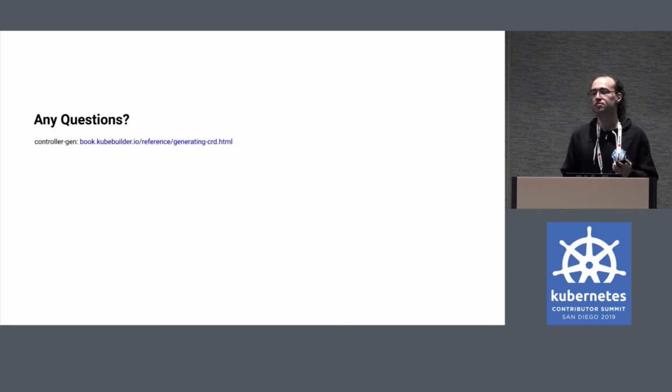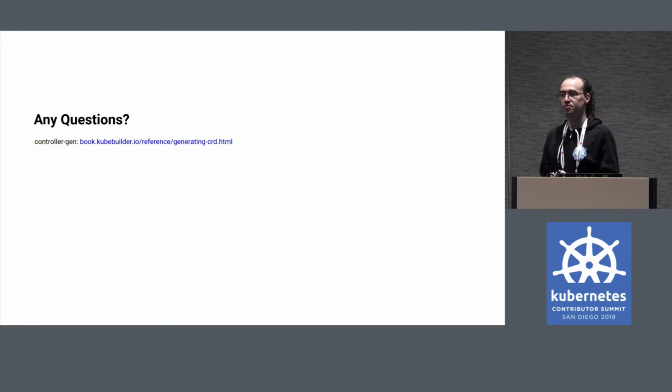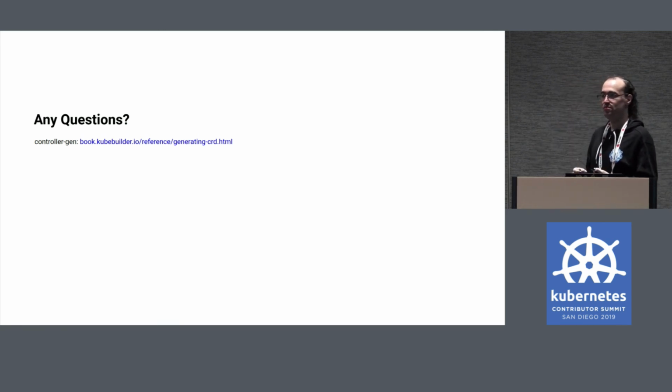Question. I wanted to ask a question about the sub-resources. Feel free to ask right now; if it goes too long, we can take it offline. So, two well-known sub-resources other than scale, like exec and logs, right?